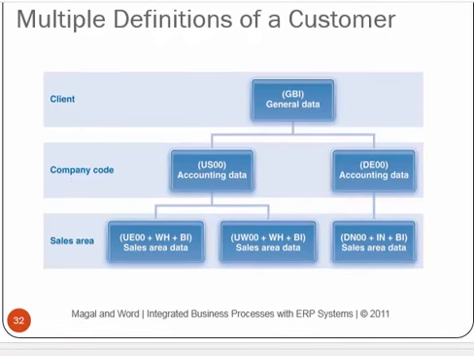So we said that a customer can have multiple definitions. Why? Because the customer operates in two different countries or two geographic locations, or sometimes operates under wholesale and sometimes under retail. So there are three reasons: either the customer exists under two different company codes, or operates under two different sales areas.